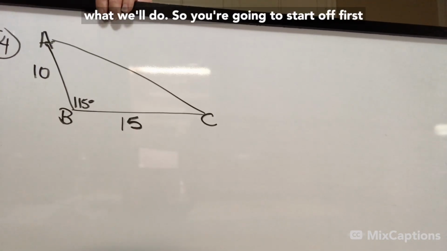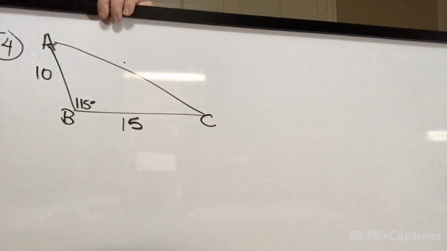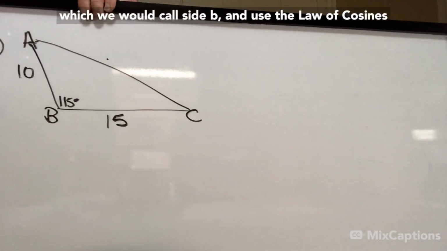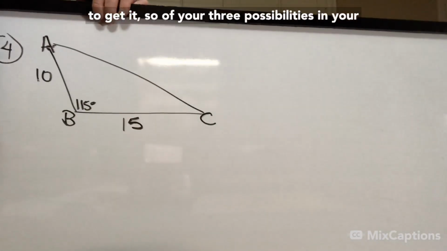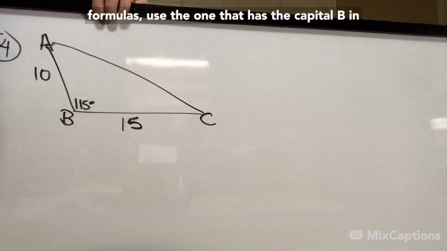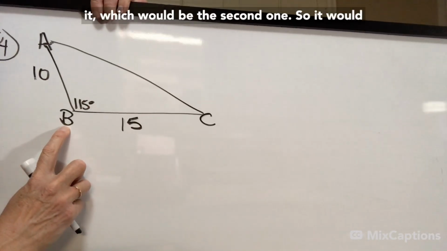So you're going to start off first by finding the missing side. That's this one, which we would call side B, and use the law of cosines to get it. So of your 3 possibilities in your formula, use the one that has the capital B in it, which would be the second one.